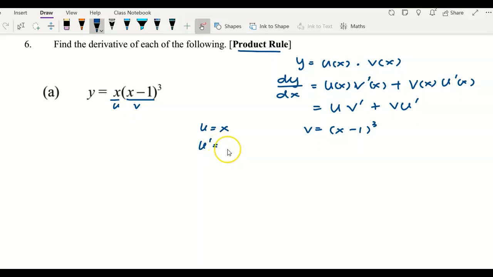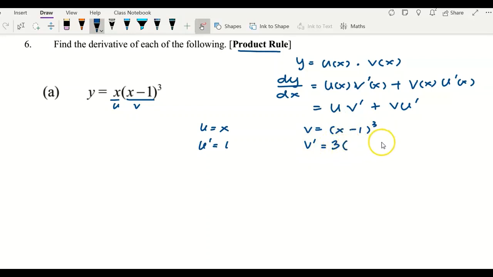That means we need to differentiate u with respect to x, forming u prime. Differentiating x with respect to x, you get 1. And v prime is differentiating this function with respect to x. Here I will apply the power rule.